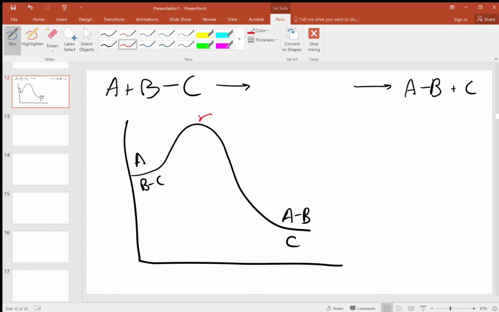What's up here? This is known as a transition state. It might have that new bond A to B partially formed, and that bond that's leaving, B to C, partially breaking.